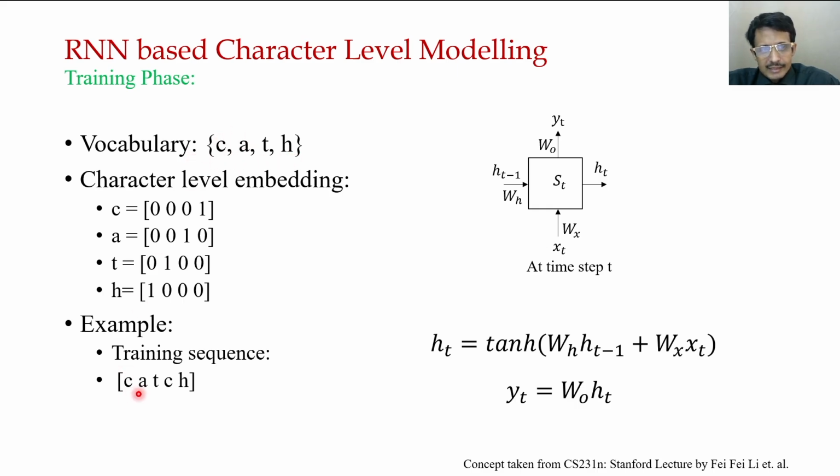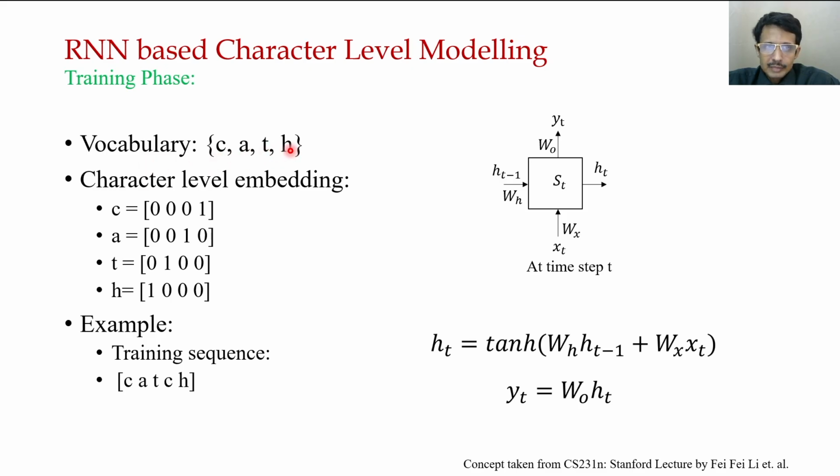Let's say the word is catch. As a training sequence, we have the word catch. Now in this word, how many different letters? C, A, T, and H. These 4 letters or characters basically constitute the vocabulary.